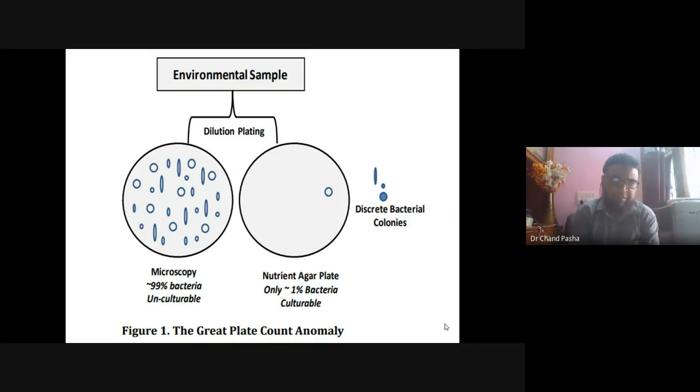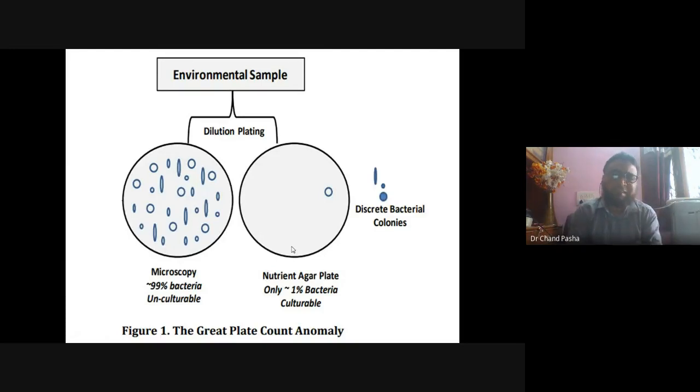How do we prove that there are unculturable bacteria? Whatever sample you got, you should isolate the genomic DNA from it, and also from the culturable bacteria. If for the cultured bacteria you get 1x genomic DNA, and from the soil sample you get 100 times the genomic DNA, that indicates there are 100 times more bacteria in the soil sample than in your cultured bacteria.